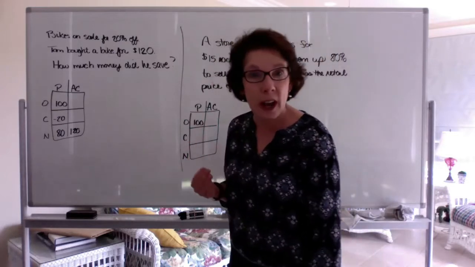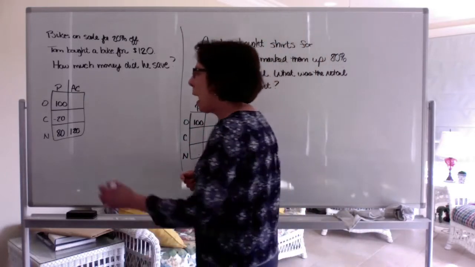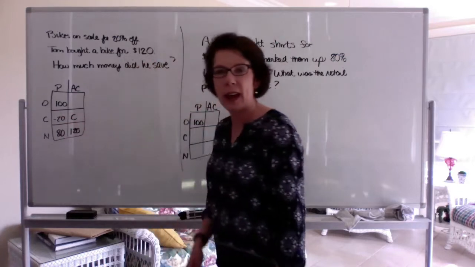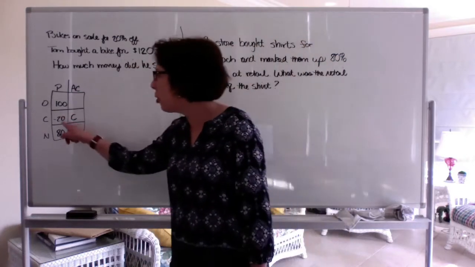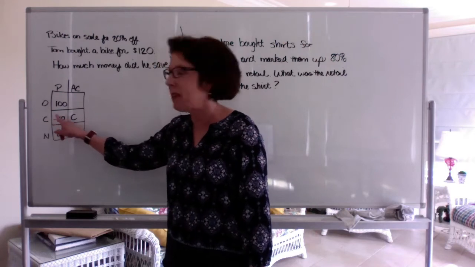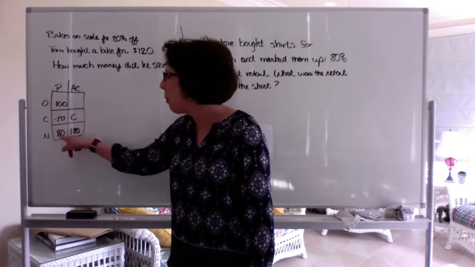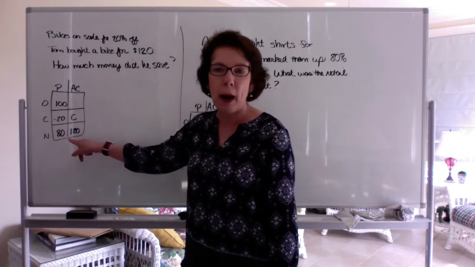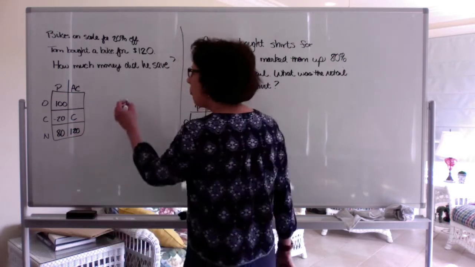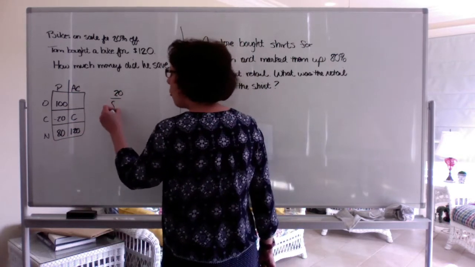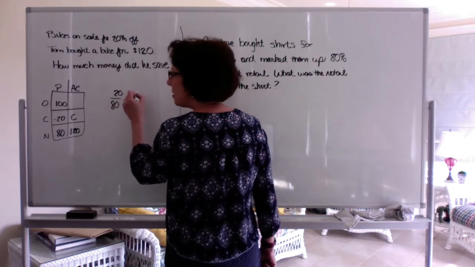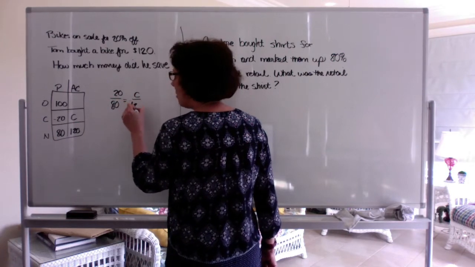Or what was the change in the price? So I'm looking this time for the change. Okay, now do not put 20 with a negative sign. This minus sign just shows us that we had to subtract 20 to get the new percent of 80. So we're just going to go over here and put 20 over 80 equals C over 120.